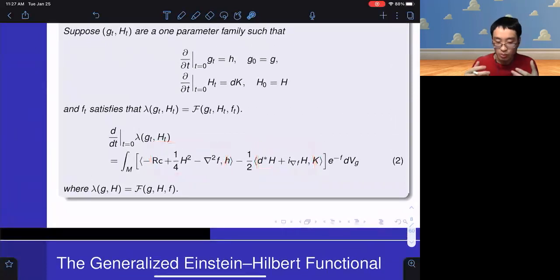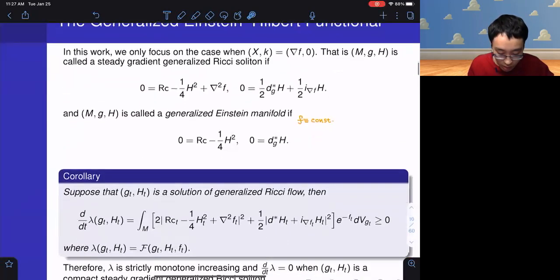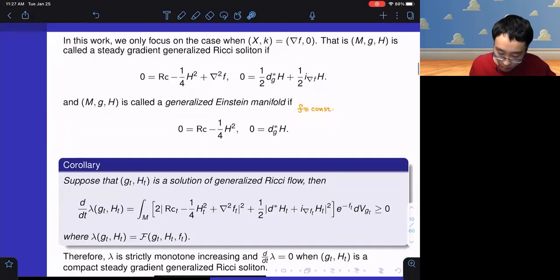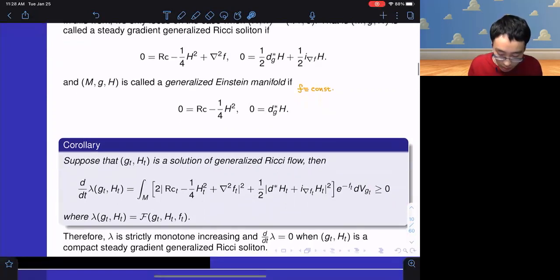Similar to the parallel case, we can show that the derivative of lambda under generalized Ricci flow should be non-negative. This is also due to the fact that our lambda is diffeomorphism invariant. So our lambda is always increasing, and it's 0 unless you are in a compact steady soliton.